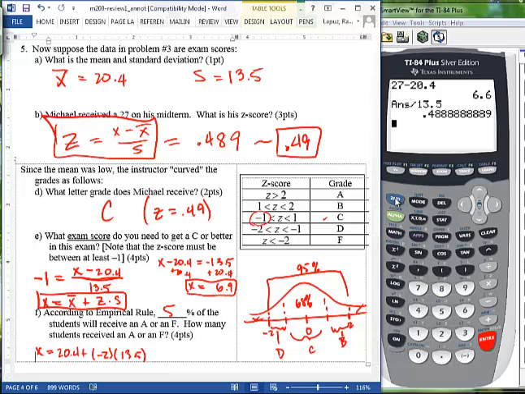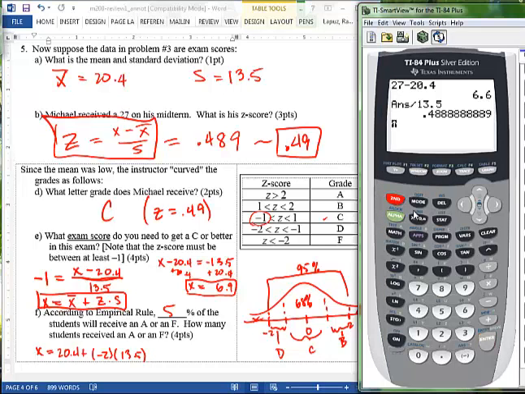Let's punch that in our calculator. So we have 20.4 plus, let's put parentheses around a -2, and -2 uses this negative sign, times 13.5.